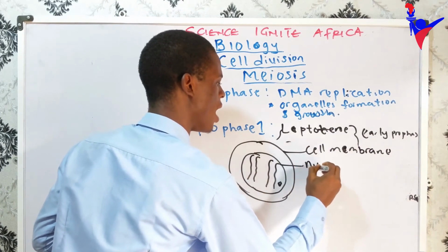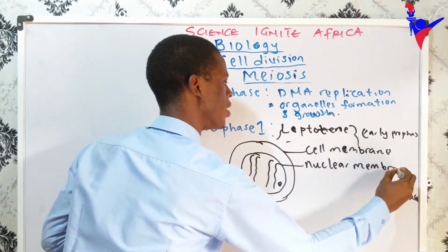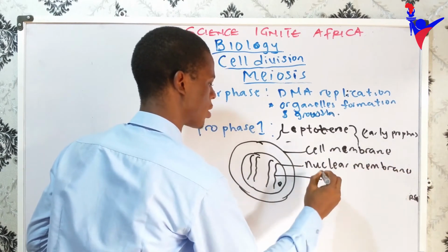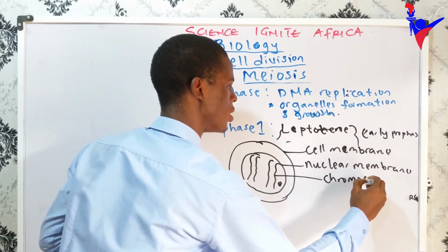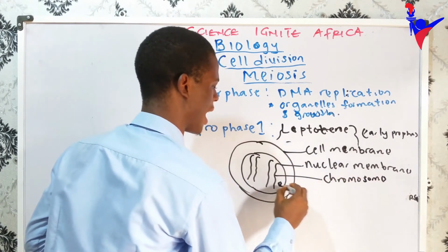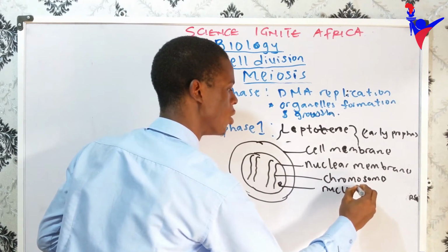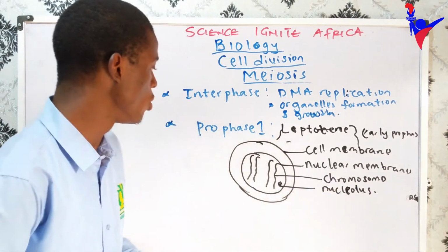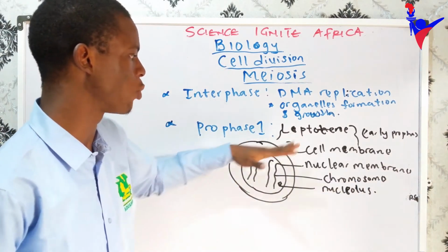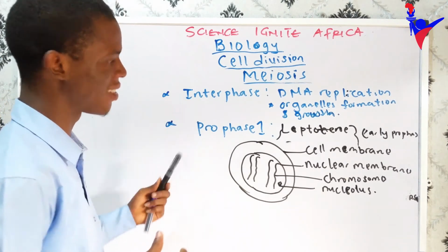You have your nuclear membrane, you have your chromosomes, which are thread-like, and you have your nucleolus. So that's our leptotene phase or the leptonema, and the next phase is the zygonema.